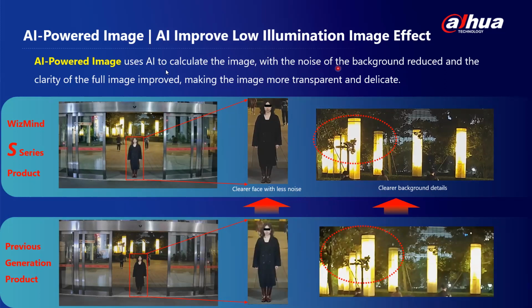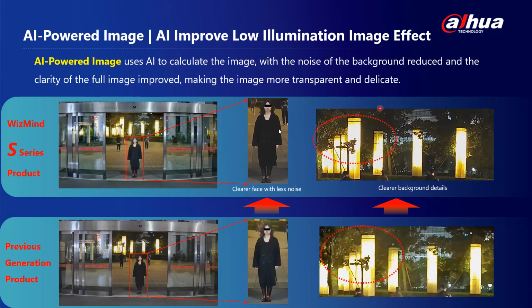And here we have the AI HDR function calculating the image to enhance it further. We have the WizMind S product series output, compared with the previous general product, the WizMind 5 IPC. The outputs are slightly different.